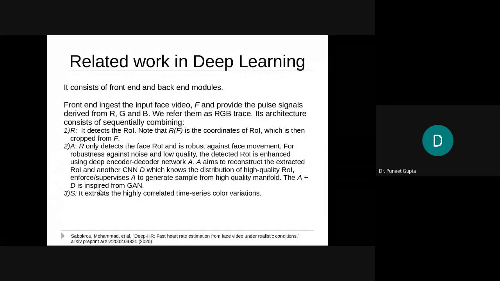The last one is that you have these temporal time series signals and combine them to get the heart rate. For that, a third CNN is used. All these three networks are combined one after the other. This is what people are doing. In some cases, ROI extraction is totally ignored, and only denoising is used.